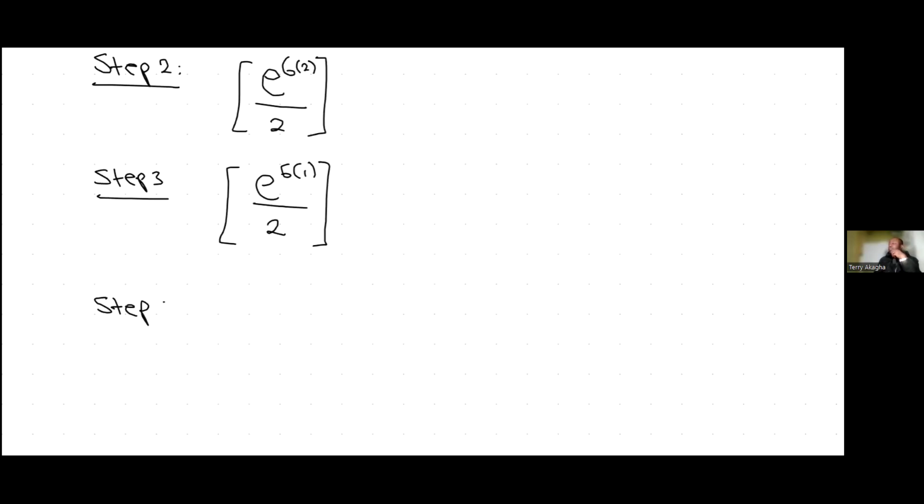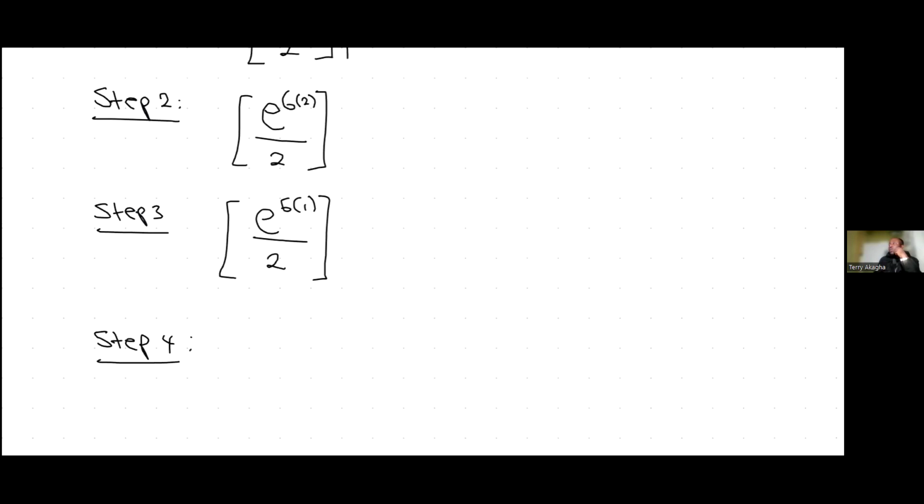So it's going to become, the first one is exponential 6, 2 divided by 2, all right, minus exponential 6, 1 divided by 2. Then step 5, so we can now add.